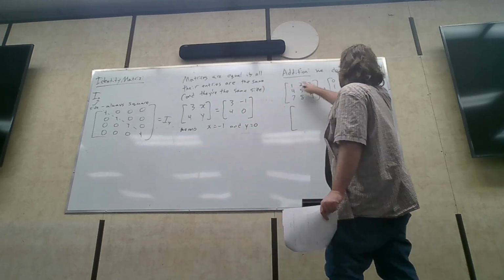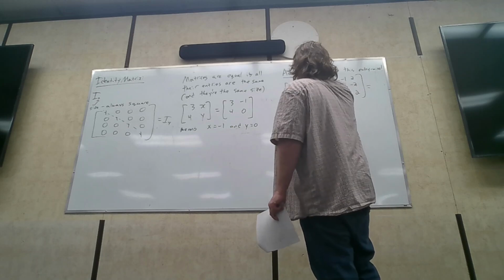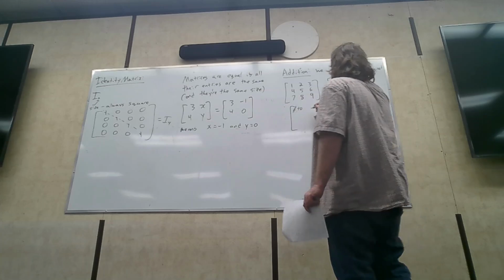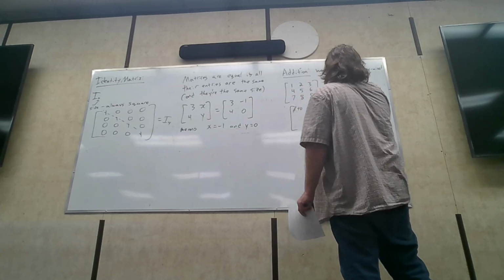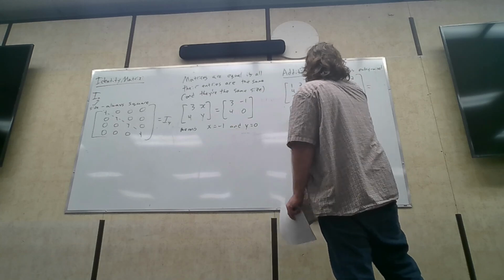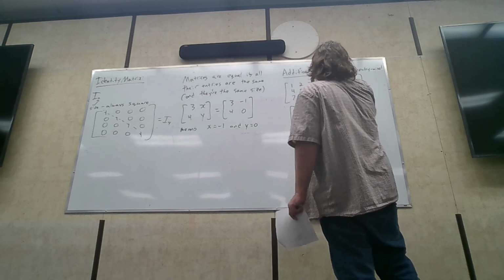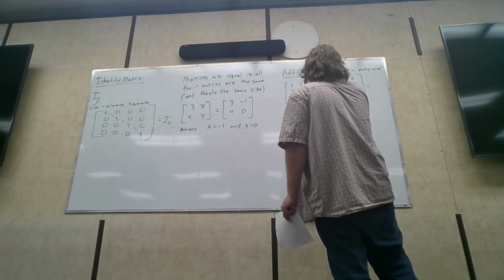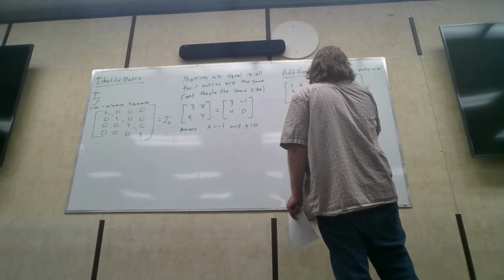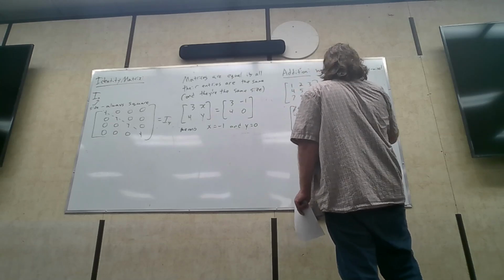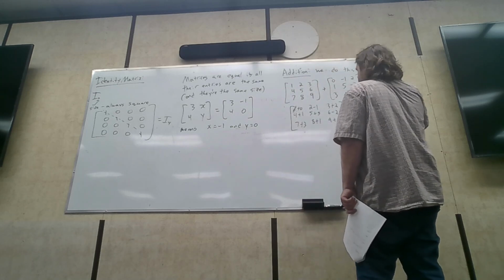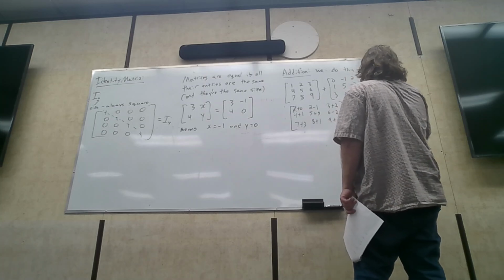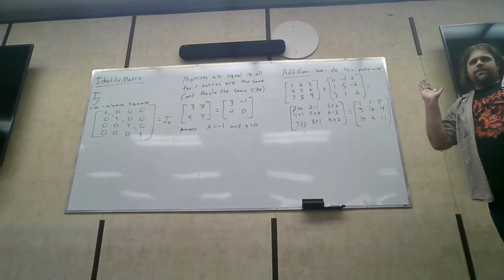So this first entry is this plus this. 1 plus 0, 2 plus -1, or you could say 2 minus 1, 3 plus 2, 4 plus 1, 5 plus 5, and so on. So 6 minus 2, 7 plus 3, 8 plus 1, and 9 plus 2. It's exactly how you would expect it to be. 5, 5, 10, 4, 10, 9, 11. Nothing too wild there.